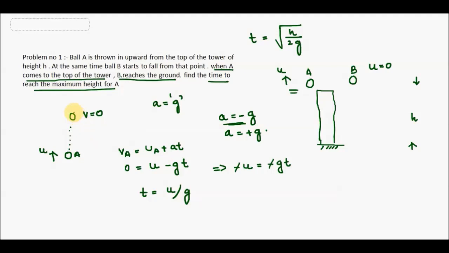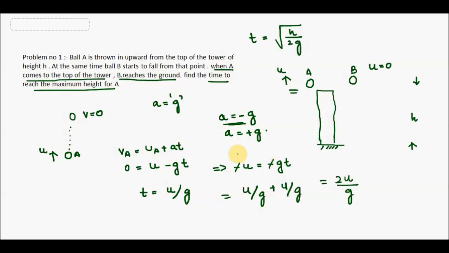The ball will again come back to its original position in the same time. So the total time will be simply u over g plus u over g. The first u over g is the time taken to reach the highest point, and the second u over g is the time taken to come back to its original position, and that will be equal to twice u over g.